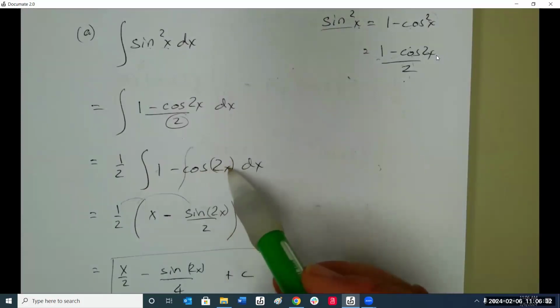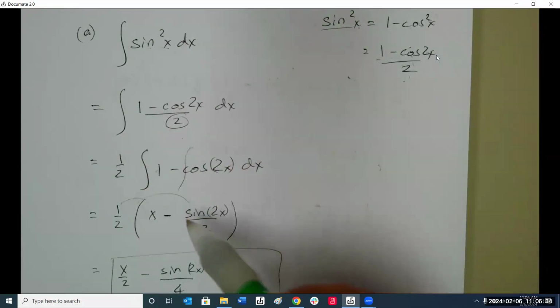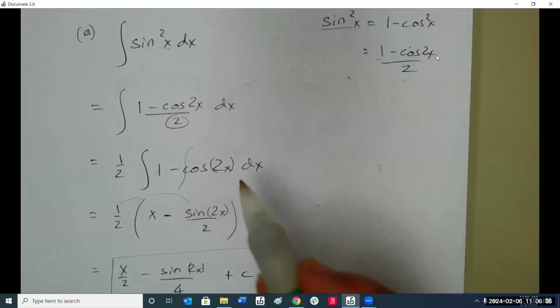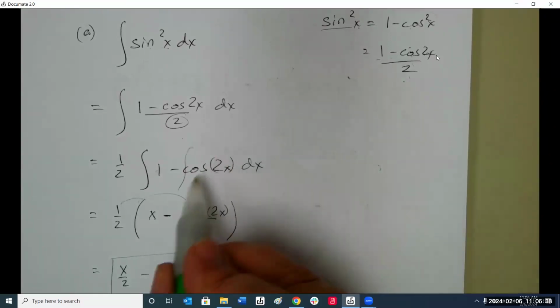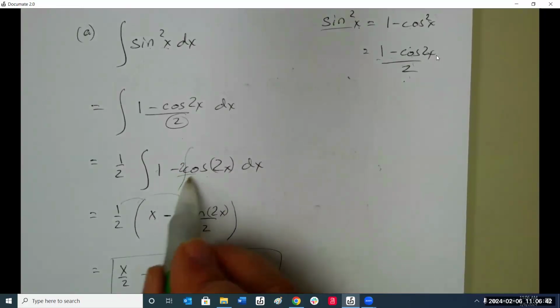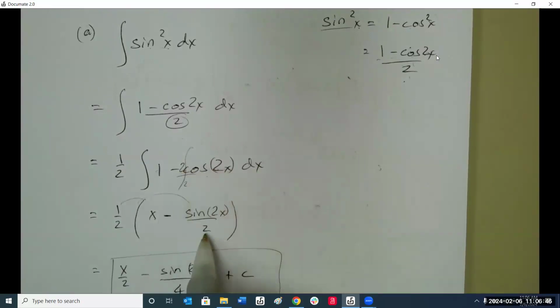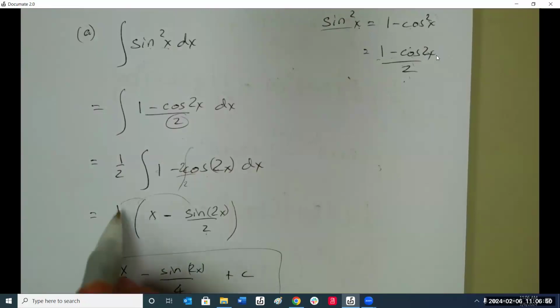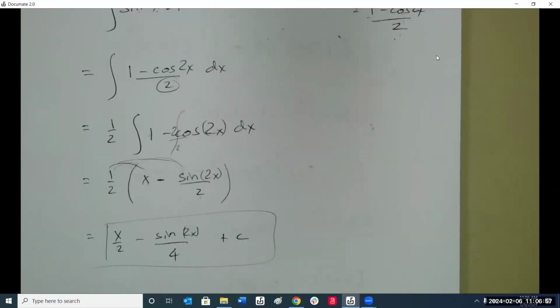And then you have cosine u du, so we have to put a 2 in. So we divide by 2, because in order to do this one we had to put a 2 there. Now we have cosine u du, and that's our coefficient. And distribute to get rid of the parentheses. So x over 2, sine 2x over 4.